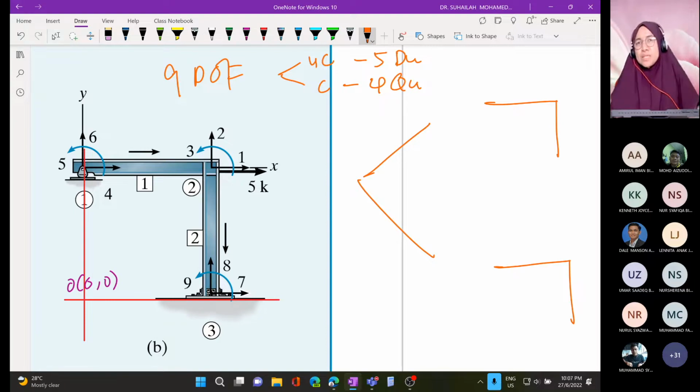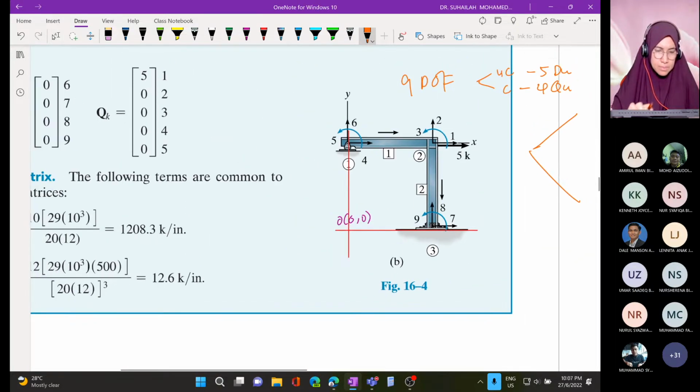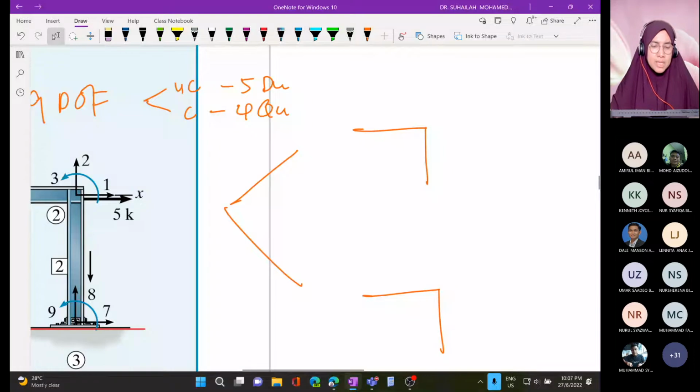the structure stiffness matrix. Okay, there are 9 degrees of freedom, and from the supports there are 4 unknown reactions.